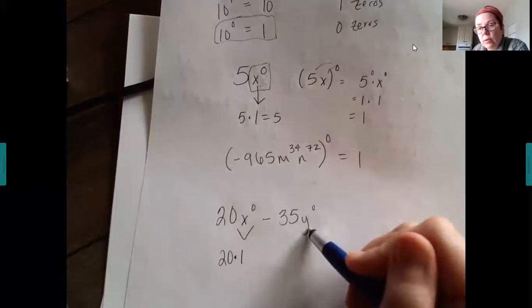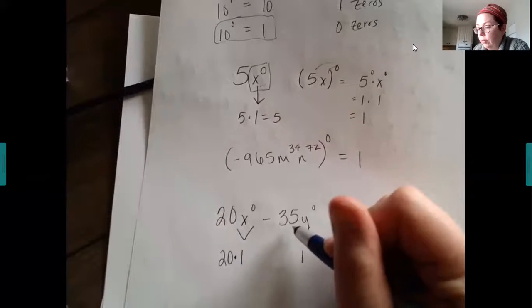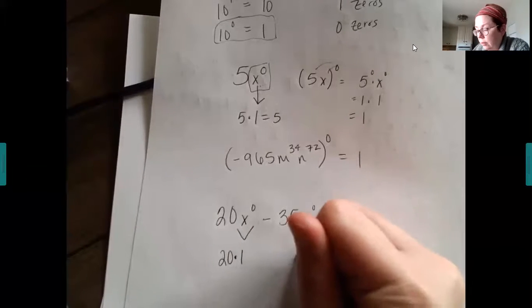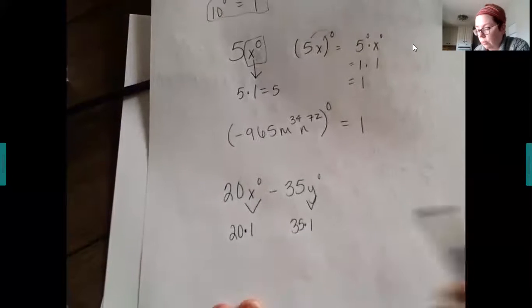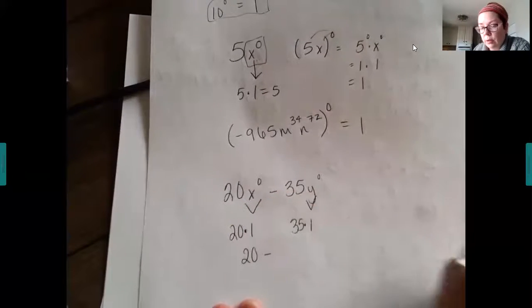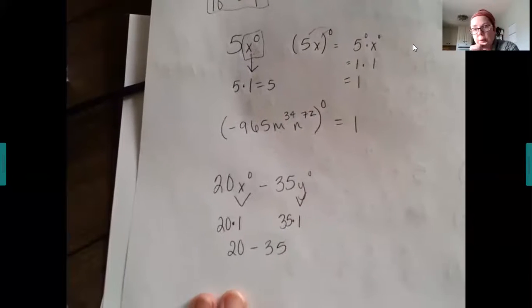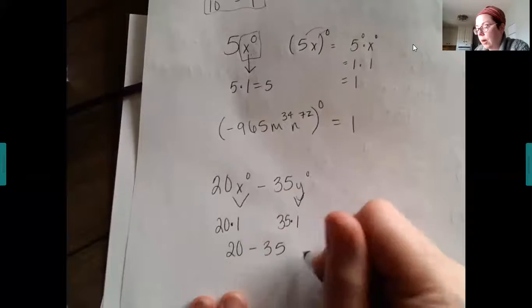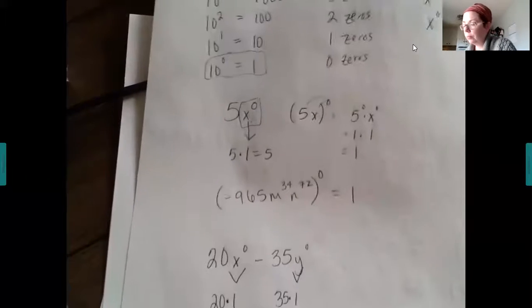This 0 is only on that y, so this would be 1 times 35. And so 20 times 1 is 20, 35 times 1 is 35. And we can do this, right? There are no more variables left. They are gone. So now we can combine these and make that negative 15. Okay.